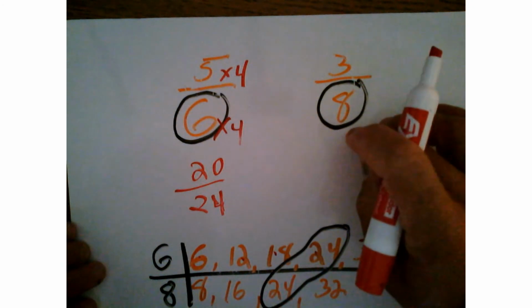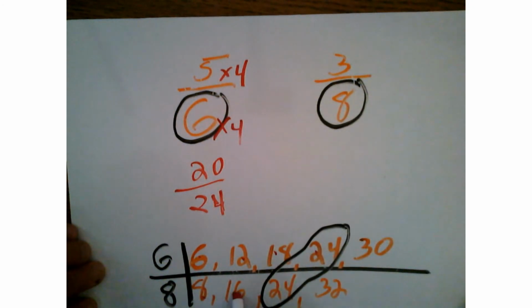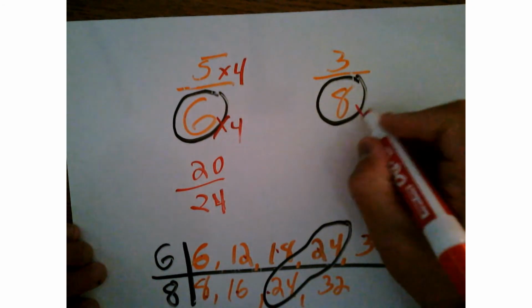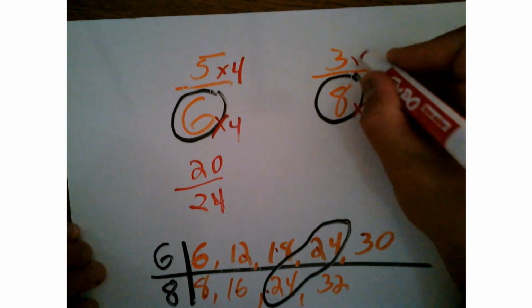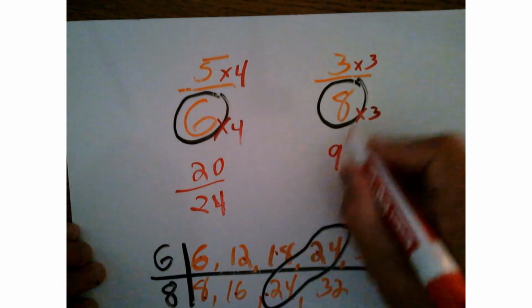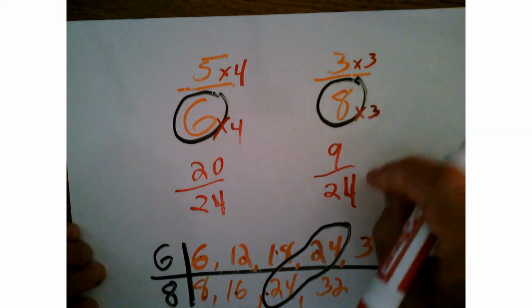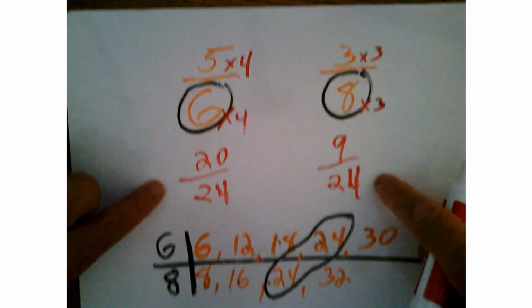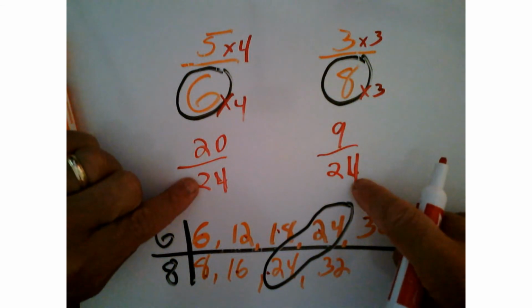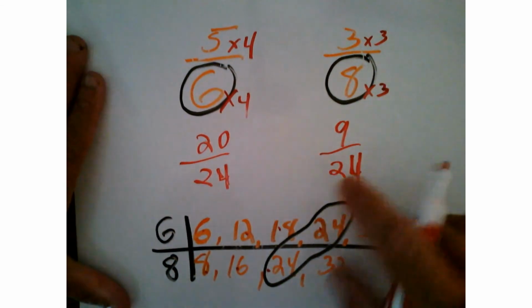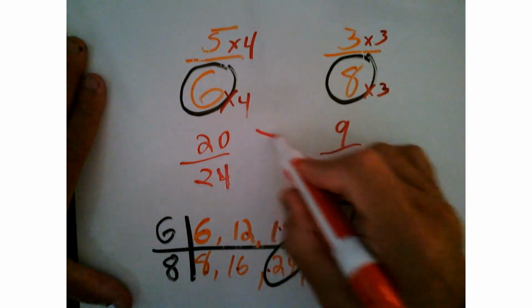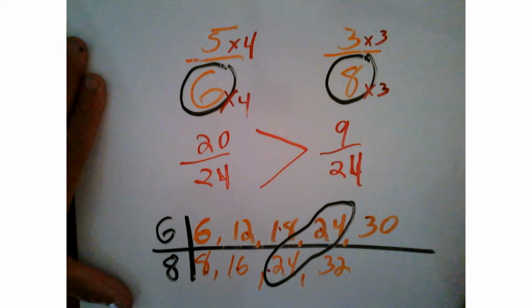I can do the same thing over here with 8. 8 times 1, 2, 3 is 24. Whatever I do to the bottom, I do to the top. So 3 times 3 is 9. 9 over 24. These are equivalent fractions as well. Now I can compare these two because they have the same denominators. I can see that 20 24ths is way larger than 9 24ths.